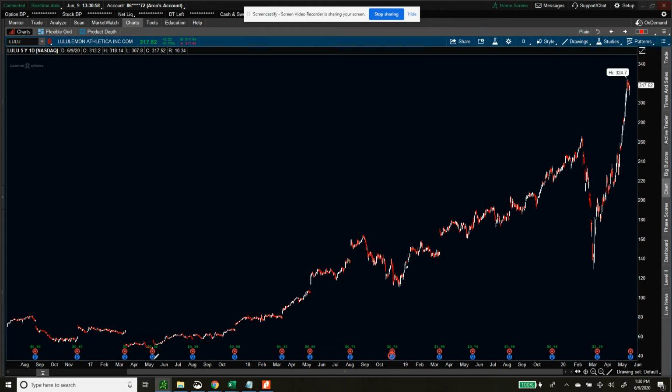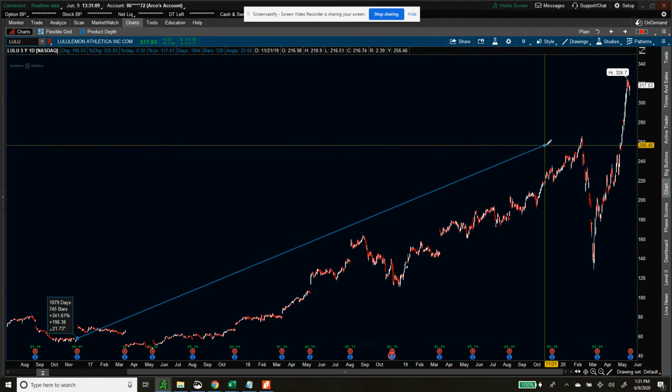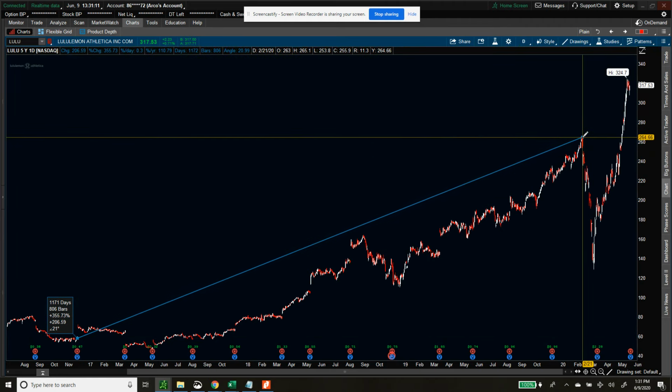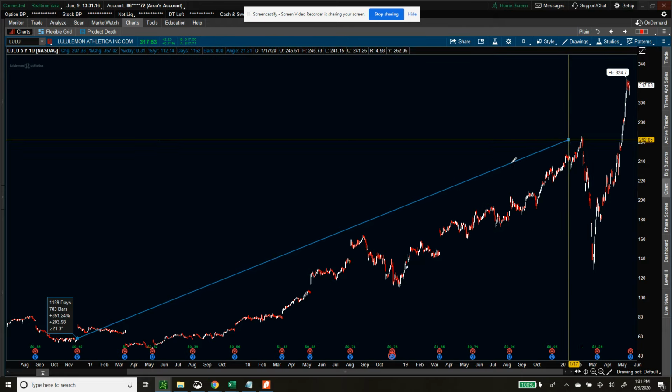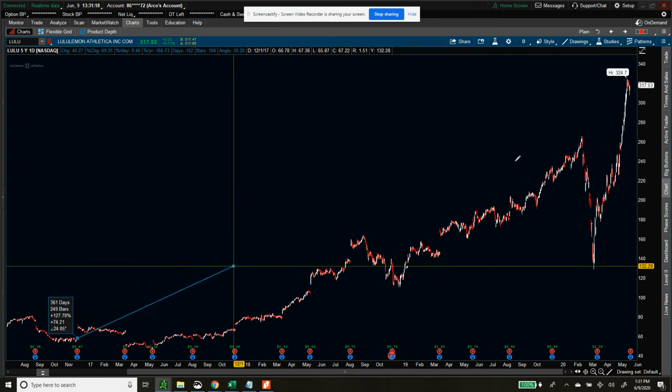Yeah, I got the line. From, let's just say, November 2017 all the way to February 2020, it went up 350%. You can see it over here, you're going to see the percent sign.